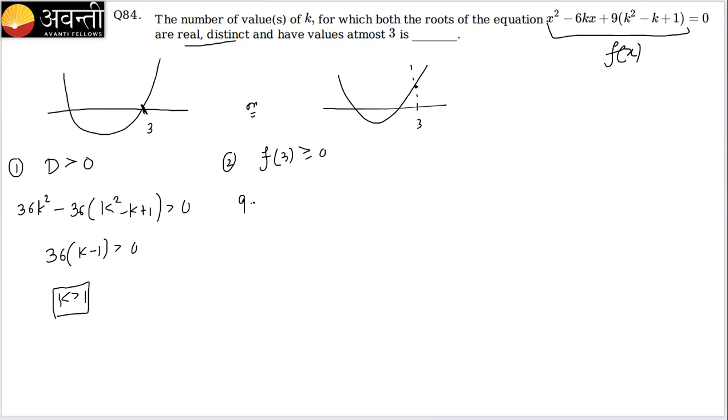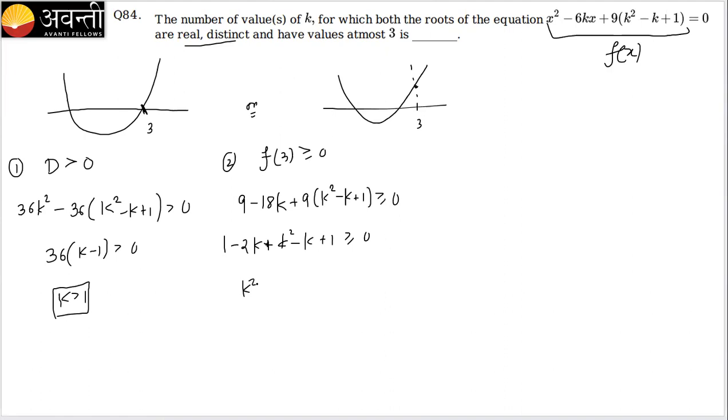So 9 − 18k + 9(k² − k + 1) is greater than or equal to 0. I can cancel out 9, right? So I'll get 1 − 2k + k² − k + 1 greater than or equal to 0.